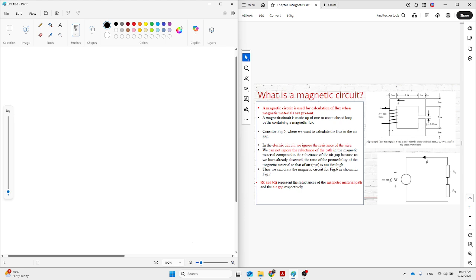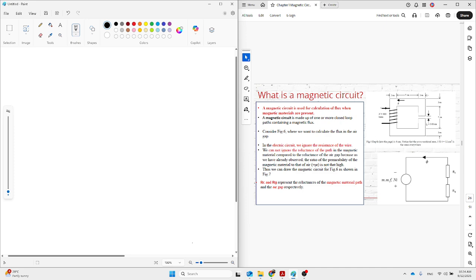it's a square core, which has an air gap of 0.05 centimeter, and the length of the core is given as 373, then the other side also in the same way.